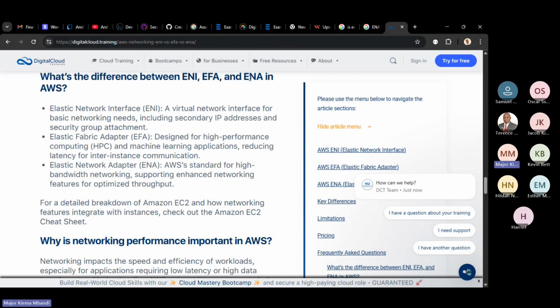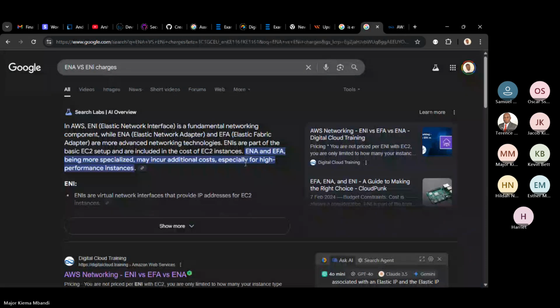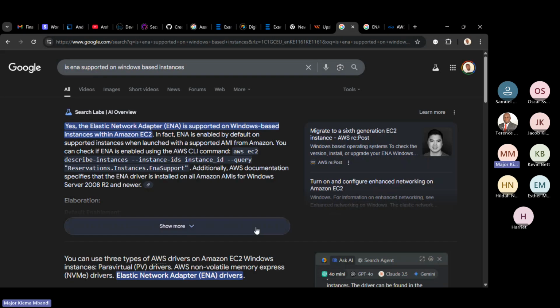But Elastic Network Adapter is also supported in Windows instances. You can see here that Elastic Network Adapter is supported in Windows-based instances on EC2. It's only that some instances need a certain kernel version and above to be supported. And by default, your EC2 instance comes with the ENI, Elastic Network Interface. It's not charged for use, but traffic will be charged.